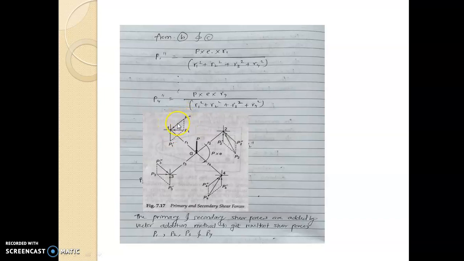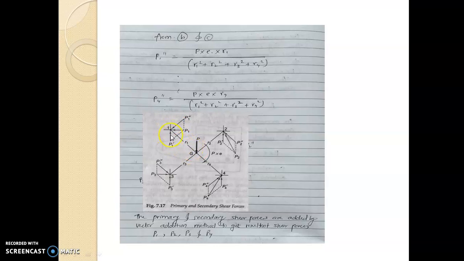P1 double dash, this secondary shear force, will be perpendicular to the radius distance. This is the radius, and at the bolt the moment is acting; the secondary shear force is due to the moment. So the force due to moment always acts perpendicular to the radial distance.